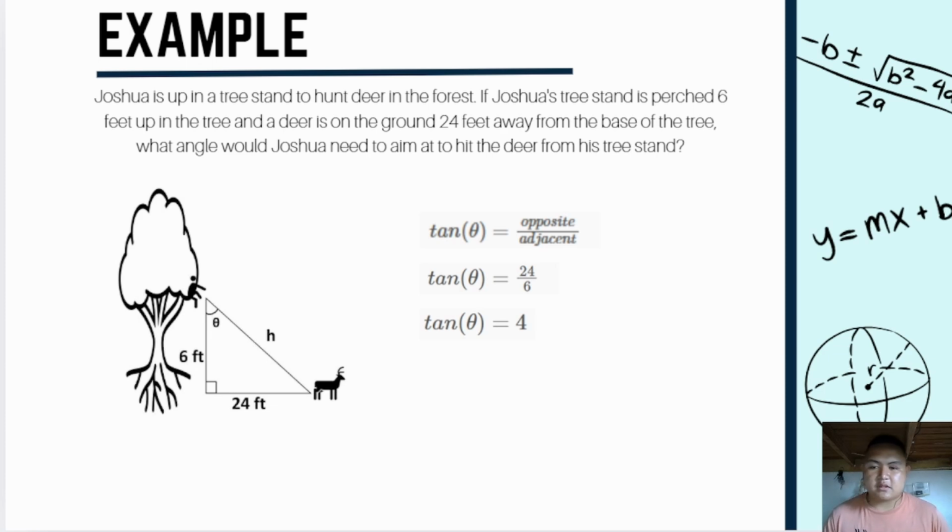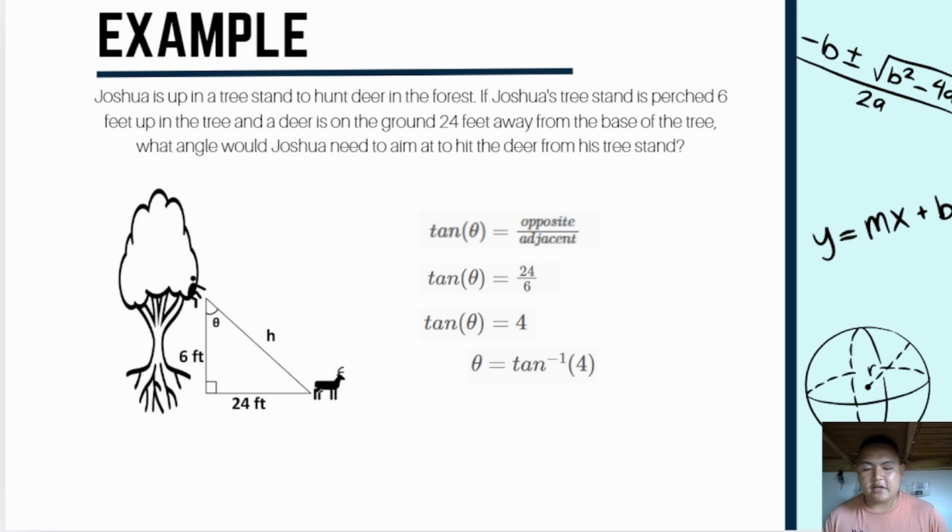Now, to solve for theta, we need to perform the opposite operations of what's being done to theta. In this case, we need to take the inverse tangent of both sides of the equation to calculate the value of the angle theta in degrees. So, theta is equal to tan negative 1, or arctan, of 4.